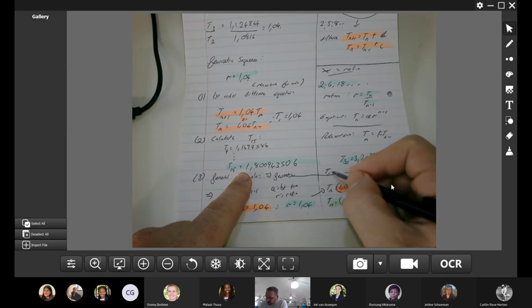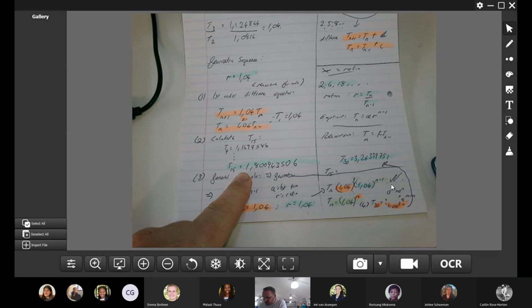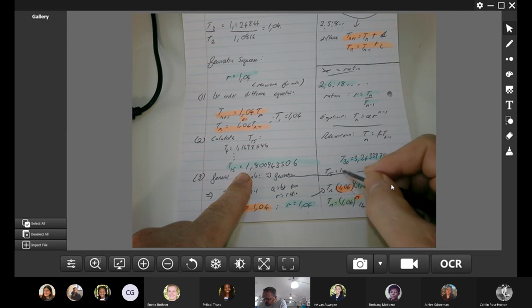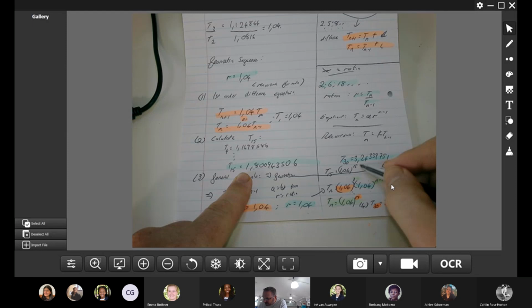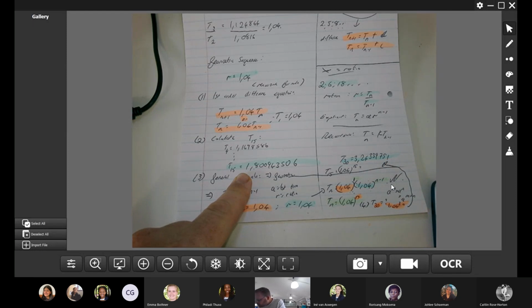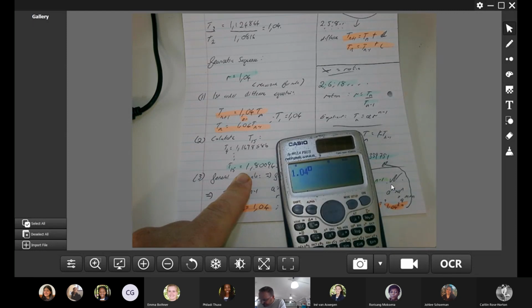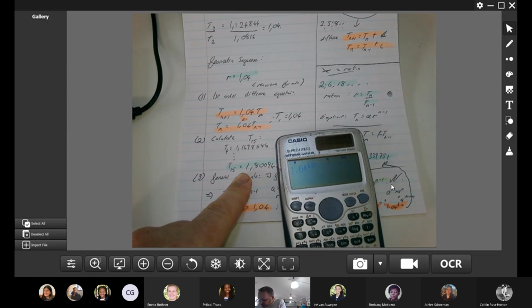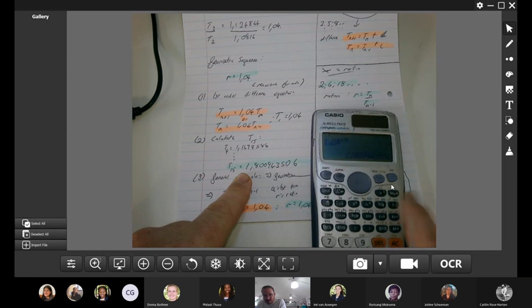Term 15 using the explicit formula should be the same thing, otherwise I owe you 100 push-ups. So term 15 using the general formula will be 1.04 to the 15, and 1.04 to the 15, and we get the same answer.